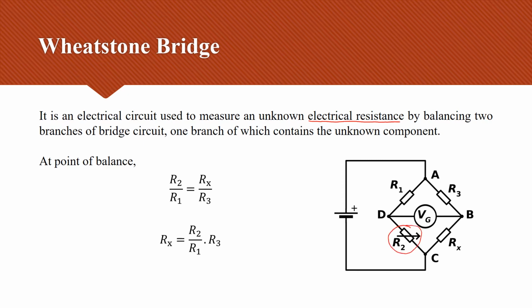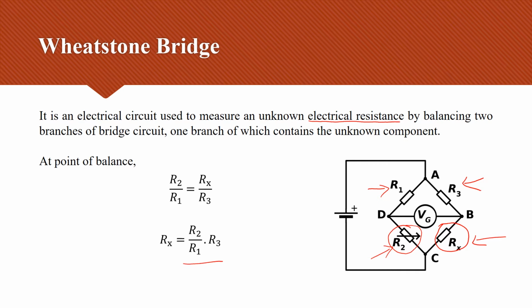So R2 is variable and Rx is the unknown component. At balance point, R2 by R1 is equal to Rx by R3. So we can have the unknown resistance Rx is equal to R2 by R1 into R3.